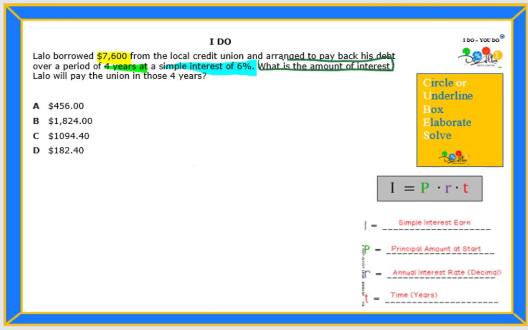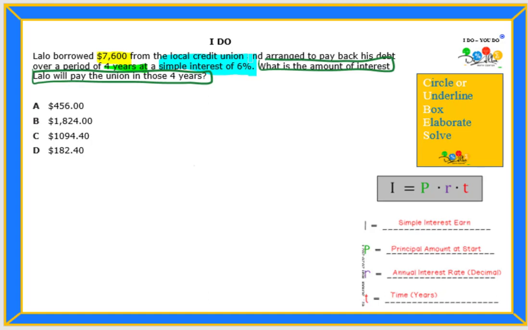Our question, once again, what is the amount of interest Lalo will pay the union in those 4 years? So, since we are talking about simple interest, we have a formula for simple interest.